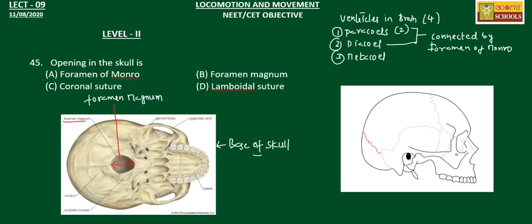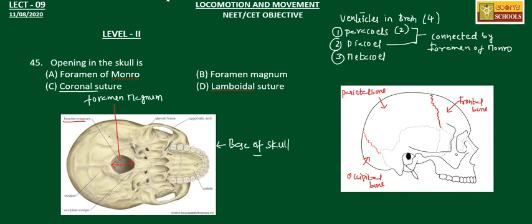Now coming to the C option, coronal suture and lambdoidal suture. Both these sutures are present in the skull. Here you can see one suture present between the frontal bone, the parietal bone, and the occipital bone. The suture present between the frontal and parietal is the coronal suture.